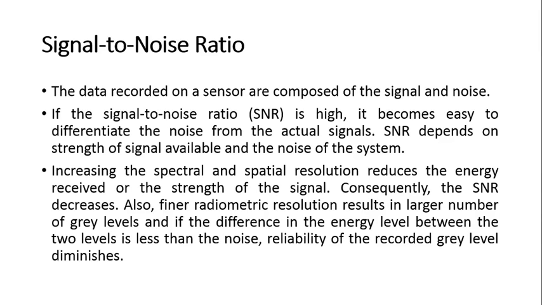To increase the amount of energy received and hence improve the radiometric resolution, a broader wavelength band can be used. However, this would reduce the spectral resolution of the sensor. Thus, a lot of trade-offs have to be made between spatial, spectral, and radiometric resolution. These three types of resolution must be balanced against the desirable capabilities and objectives.